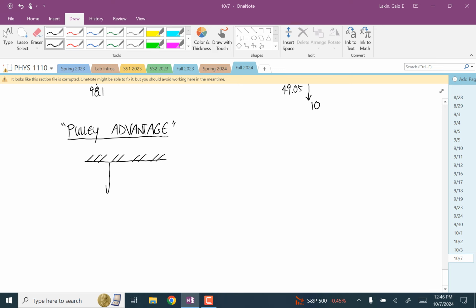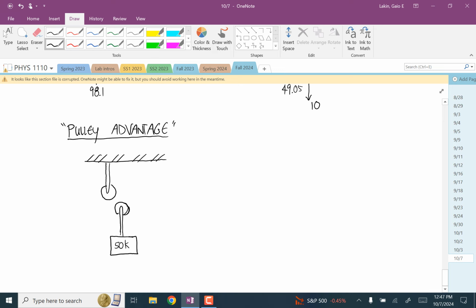And let's say that there's one pulley connected to the ceiling like this. And then another pulley here that's connected to a mass.